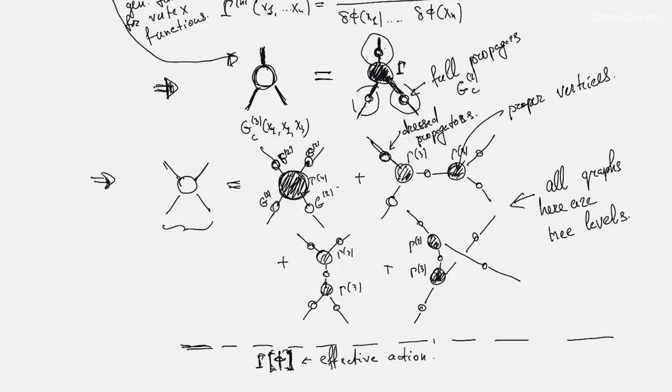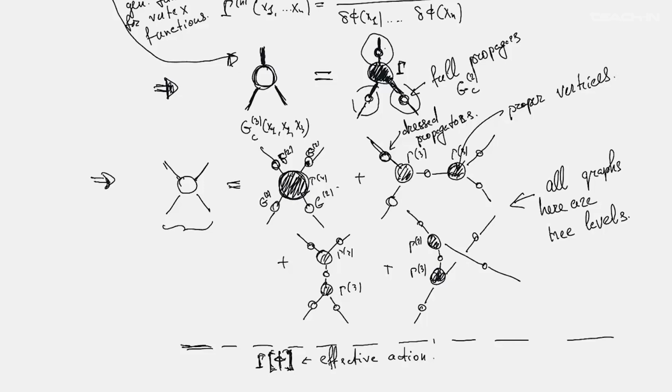Now, with an effective action, gamma of phi, you have only tree-level diagrams, but the price you pay is that you have an infinite number of these interaction kernels, gamma n of phi, on which the functional depends.